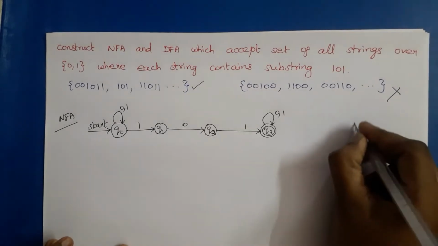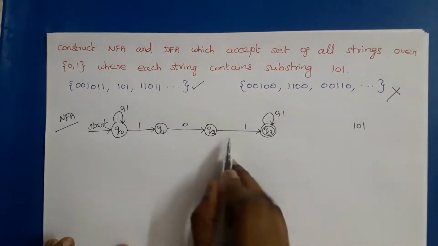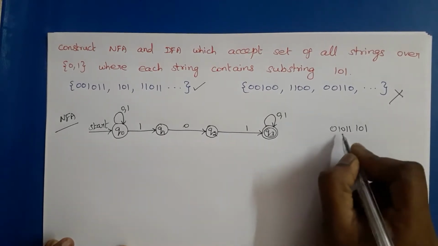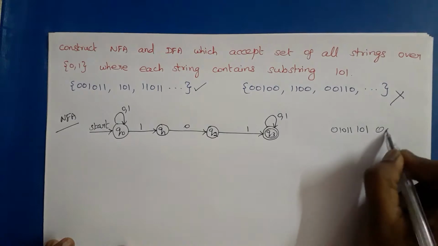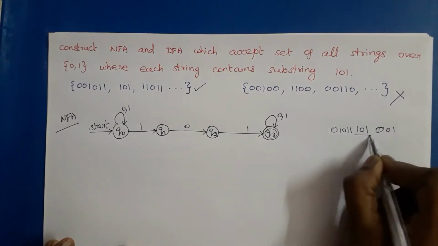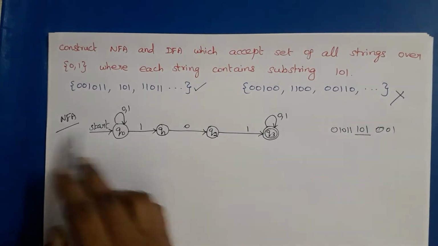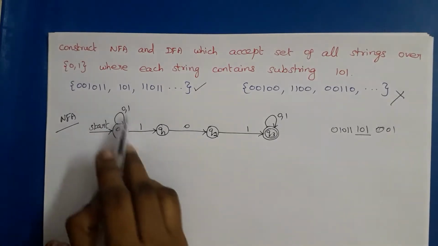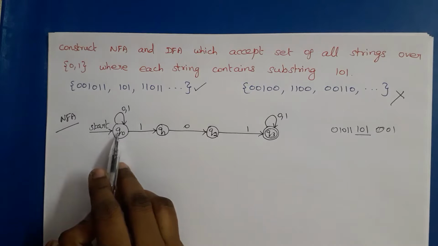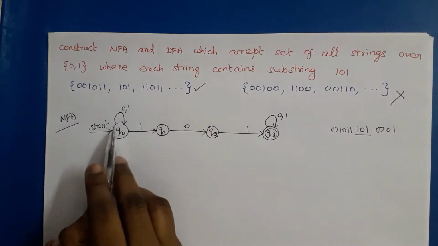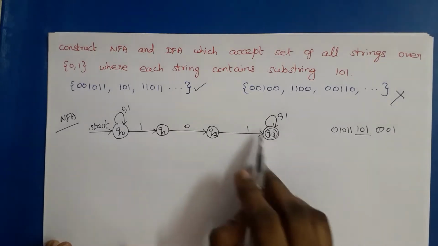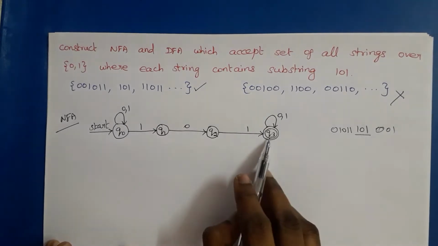So 101 is a substring that is preceded by any number of zeros and ones, and it can be followed by any number of zeros and ones. It is represented in the NFA like this: a self transition on the start state Q0, and 101 can be followed by any number of zeros and ones, so it can be drawn like that.